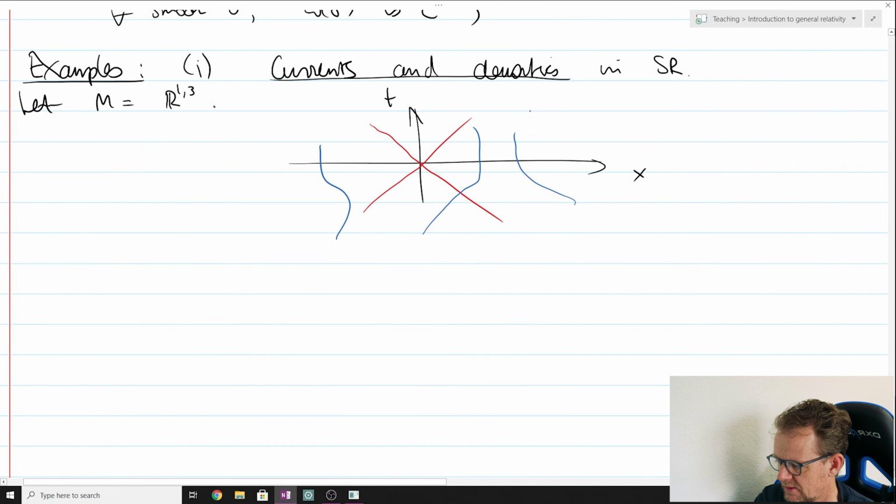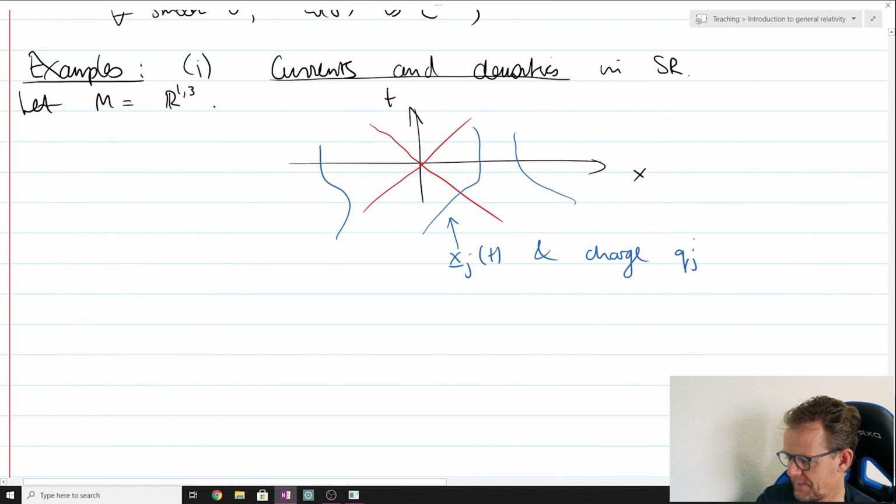So here's a bunch of particles, and each particle has a position x_j(t) at a certain time, and it has a charge, so they're potentially charged particles, q_j.